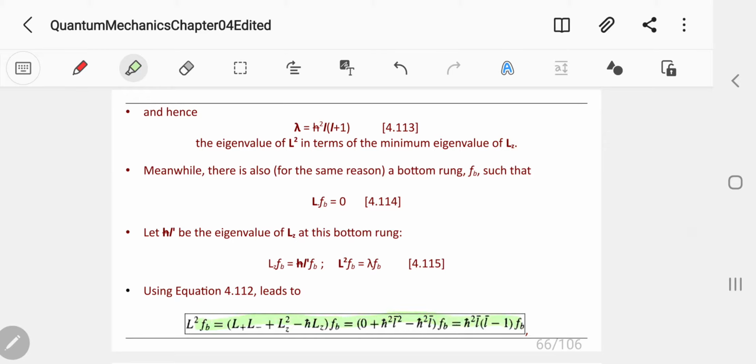It will give you a lower rung eigenvalue of that would be ħ(L' minus 1) f_b. So that's the lambda there.